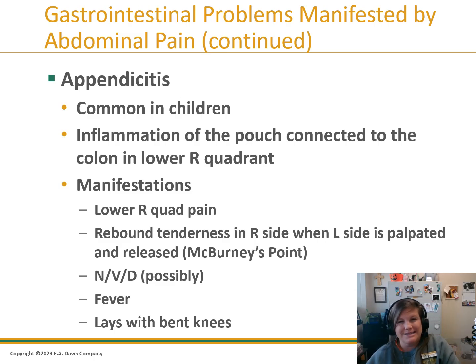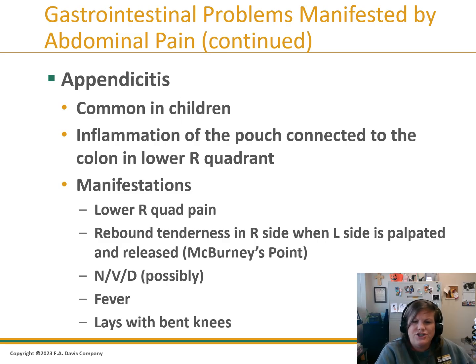So the right quadrant is where the pain is most pronounced. So we're going to feel it there, but we're going to really feel that intensifying pain when we go to evaluate the opposite side, the left. When we palpate and release, it's causing this rebound tenderness to occur.